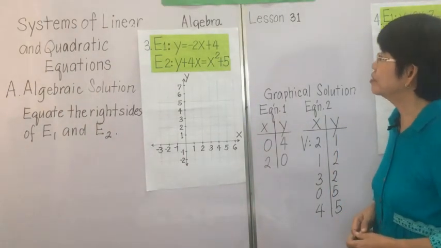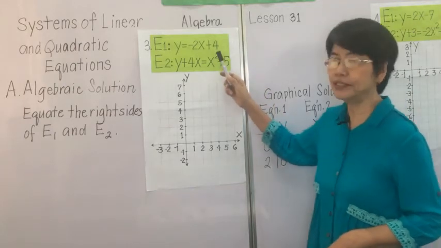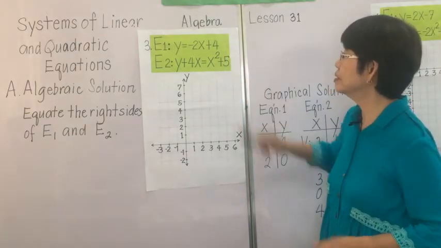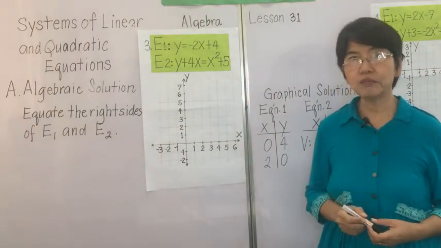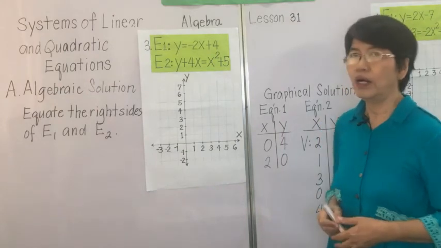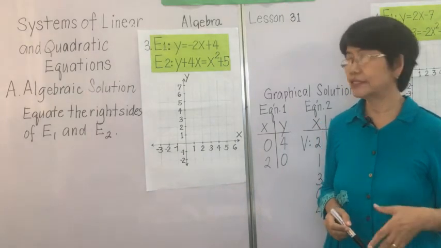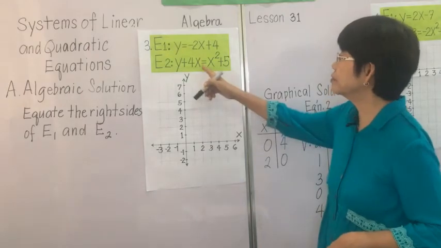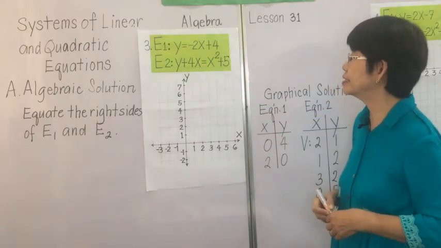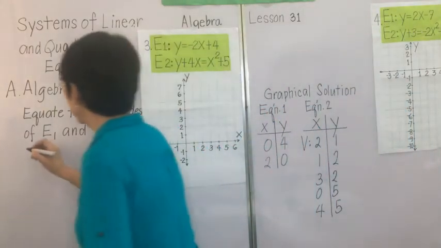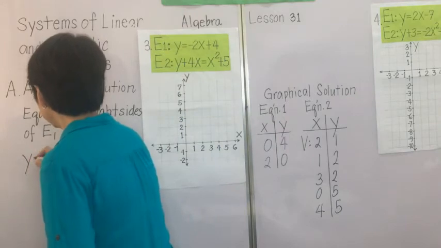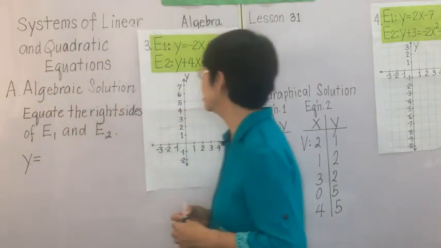Now let's have example number 3. We have equation 1, a linear equation, equation 2, a quadratic equation, but it is not in the standard form. So we have to rewrite this one as y is equal to an expression in terms of x.